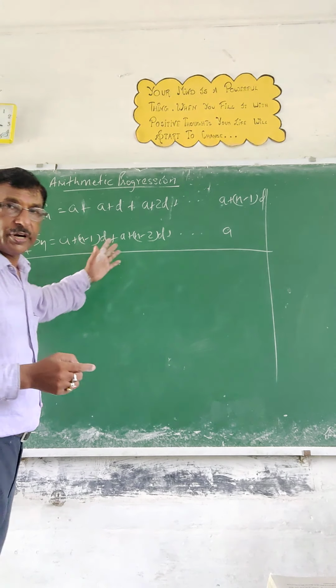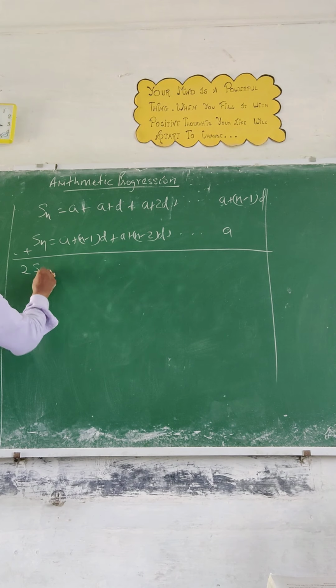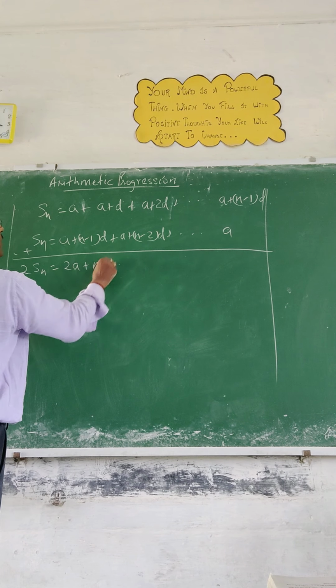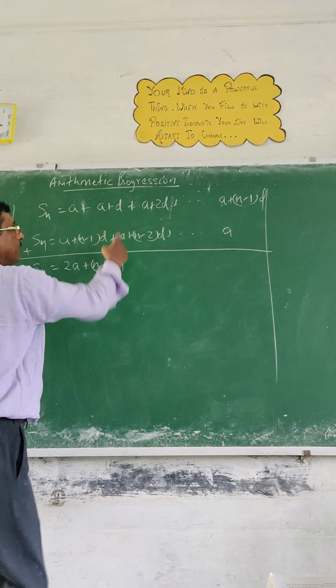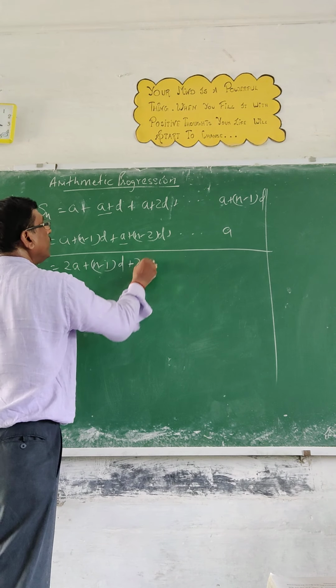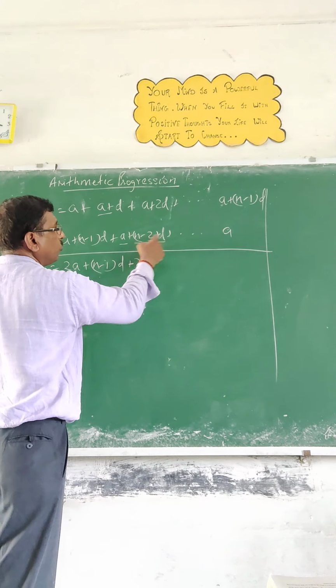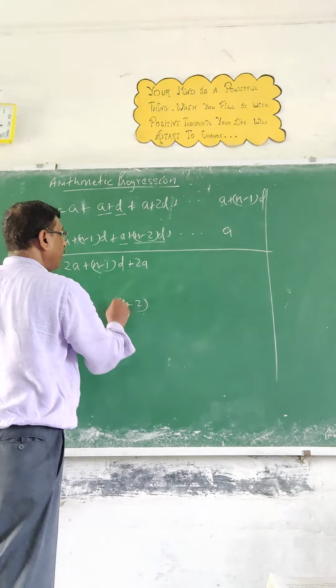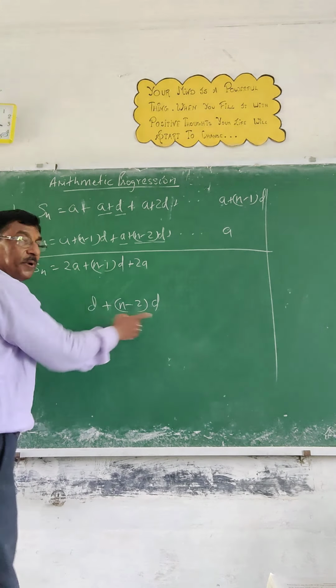Then what will you get, children? Twice Sn. What will you get? a plus a, 2a, plus (n minus 1)d. Then a plus a, 2a, and (n minus 2)d plus d. If you add, what will you get? See, (n minus 2)d plus d. Open this bracket, children.